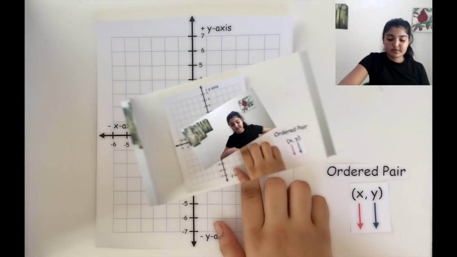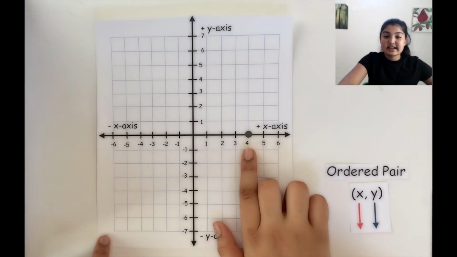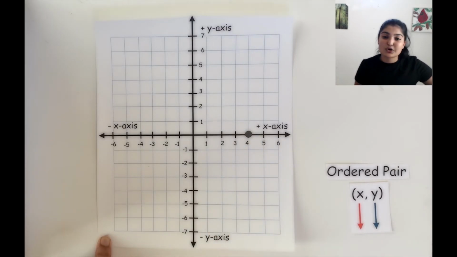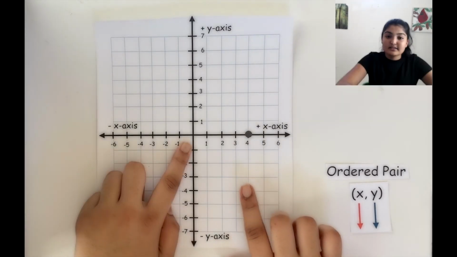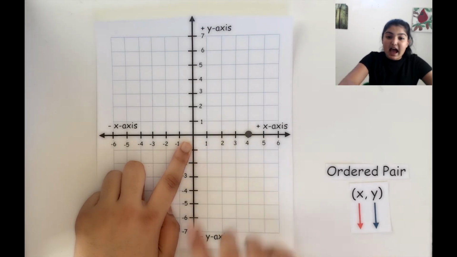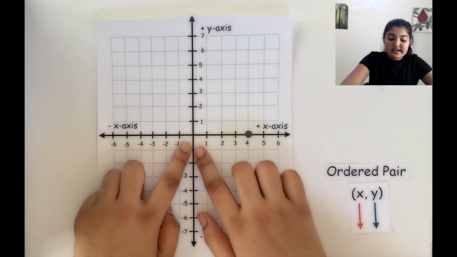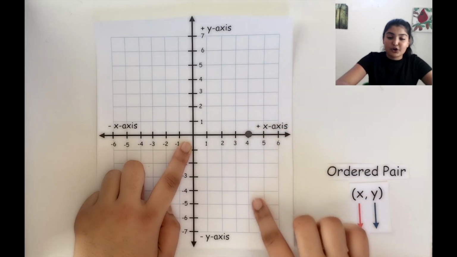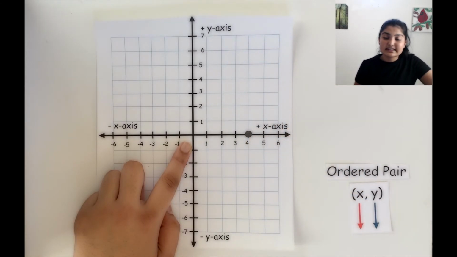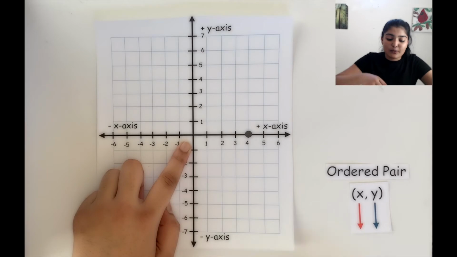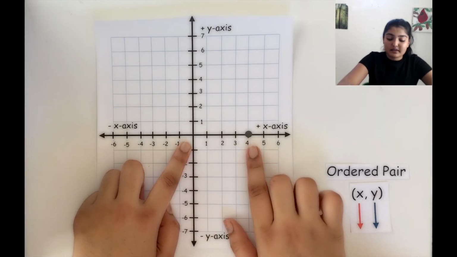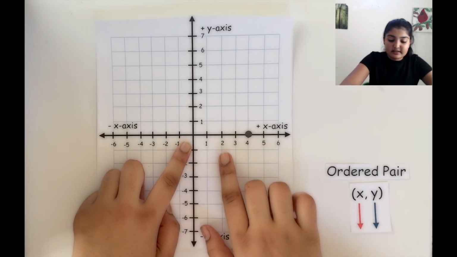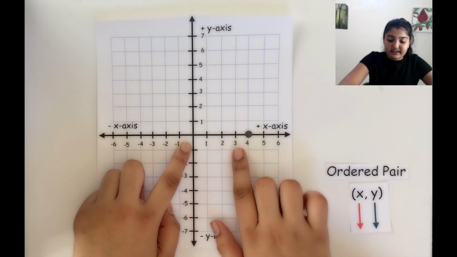Now, let's look at a point that is plotted on the positive x-axis. Here's a point that is plotted on the positive x-axis. What's its ordered pair? Well, starting from the origin, how far do we have to move in the horizontal and vertical direction? Let's start by finding how far we have to move horizontally. 1, 2, 3, 4.